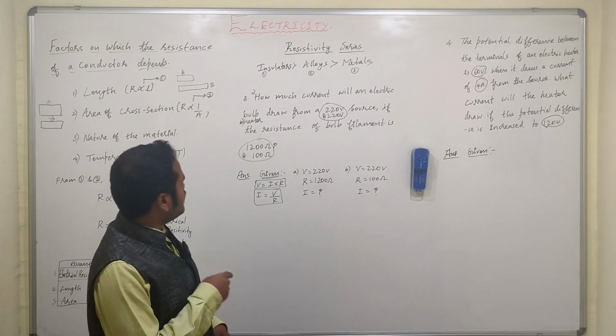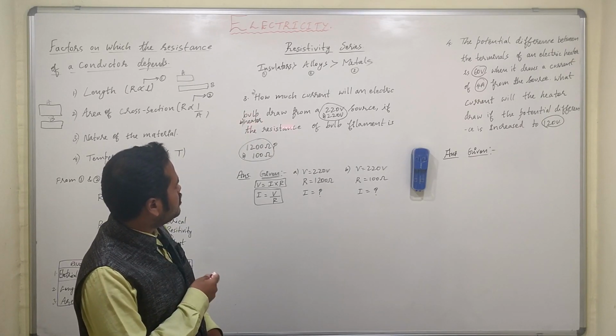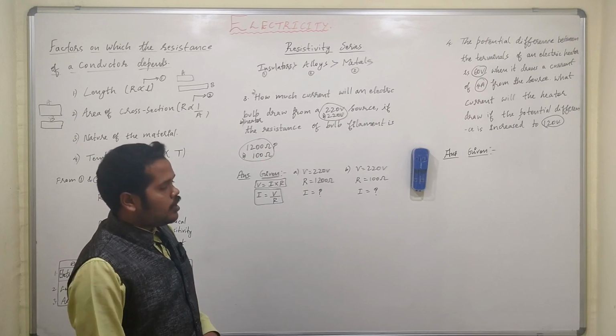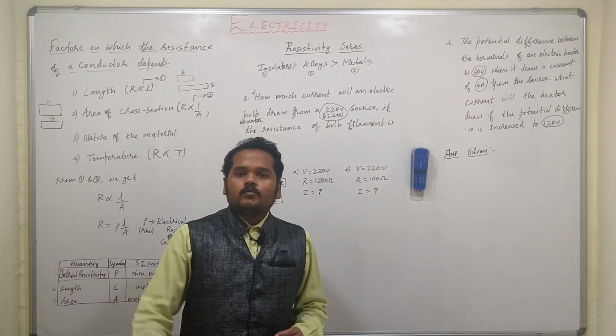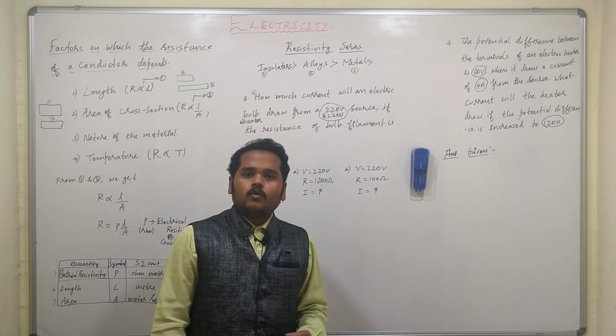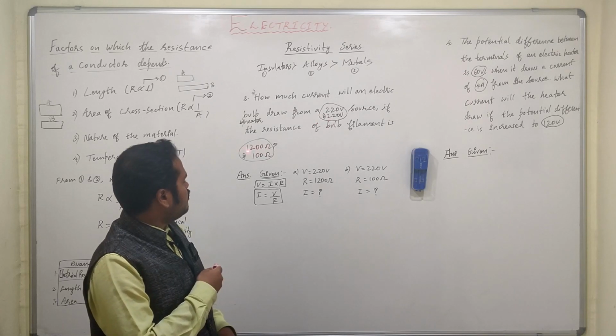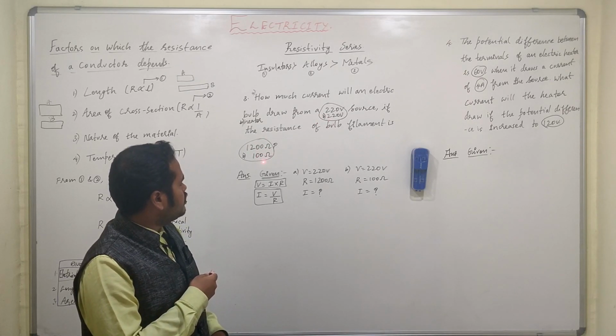This is question A. In question B, same question, instead of a bulb we have a heater, 220 volt remains the same, and we have 100 ohm. First thing, we have to round off, wherever you find the numbers. So here we find 220 volt, round that off, and we have here 1200, 100.